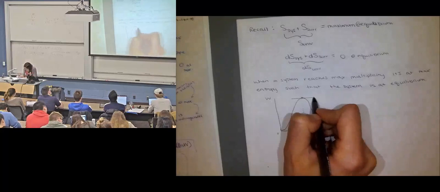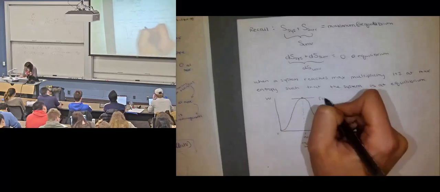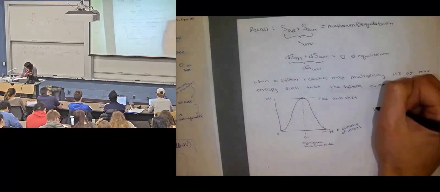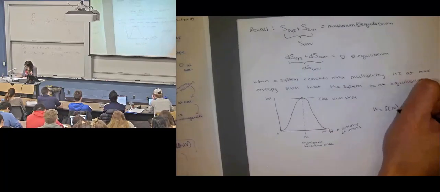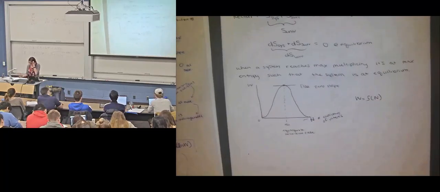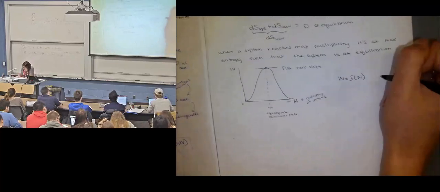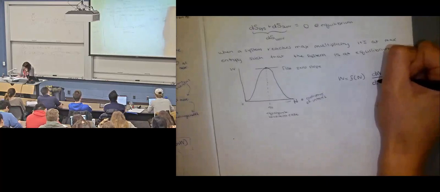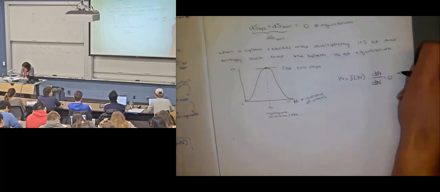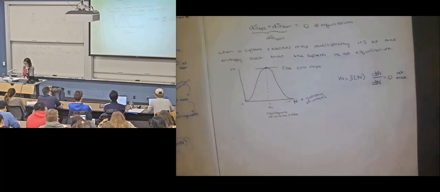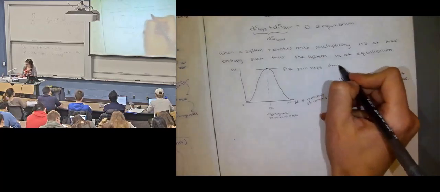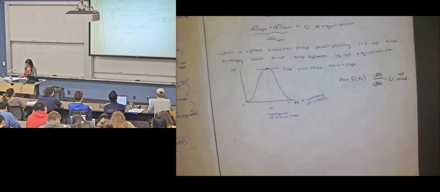And the slope here is a flat 0 slope. So if we let multiplicity be a function of number of outcomes of interest, n, then our derivative dW/dn will be equal to 0 at the max multiplicity. Derivative equals slope.